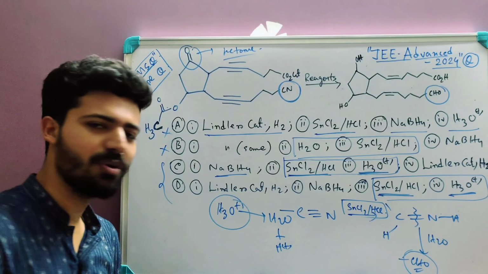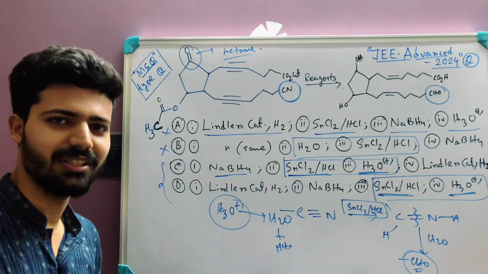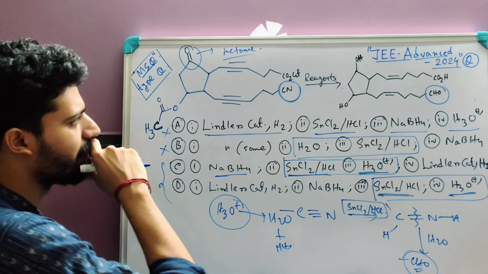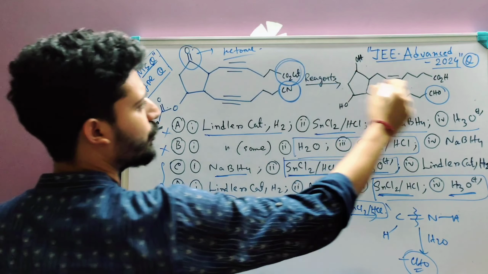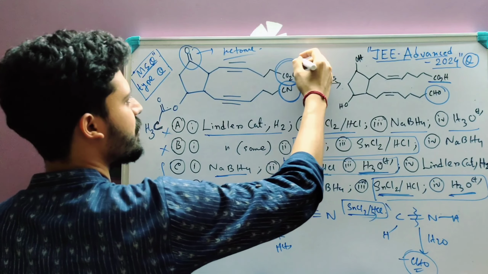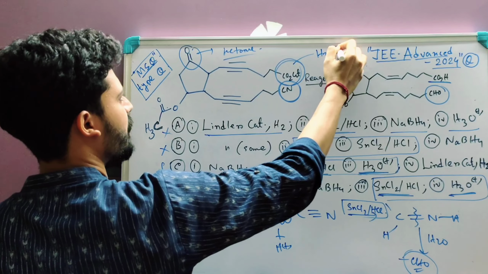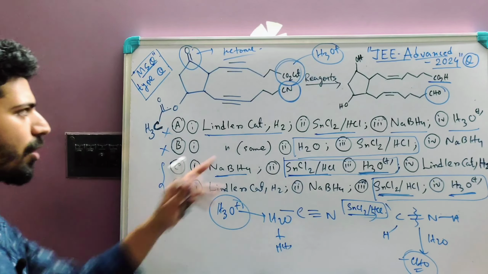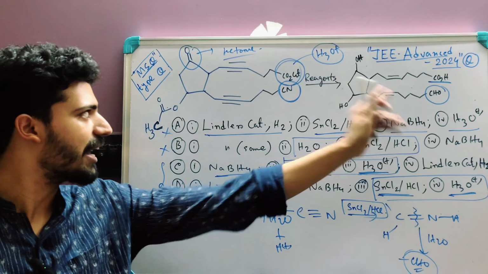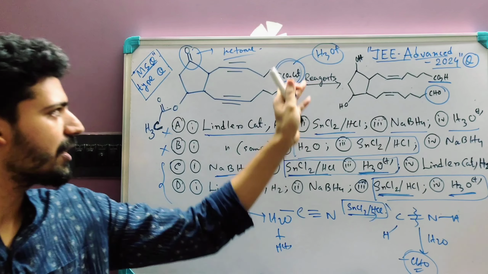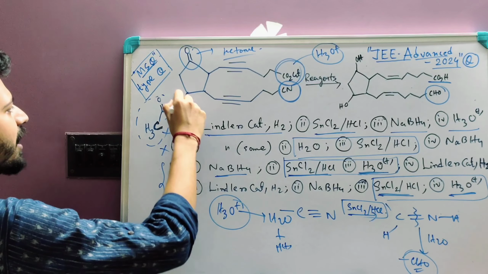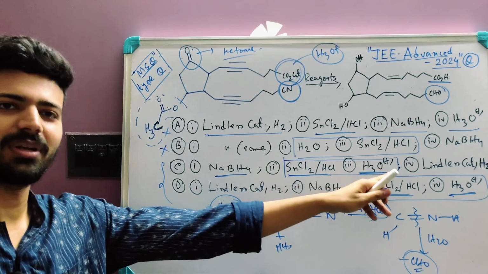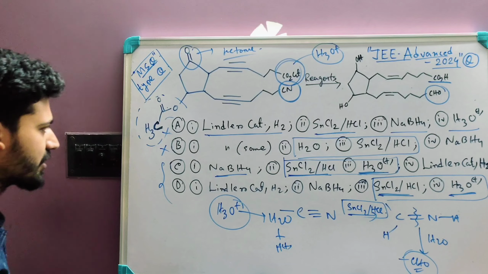H3O+ can also be used as a hydrolysis reagent. What is the hydrolysis here? This ester gets hydrolyzed to acid by H3O+. If you use this H3O+, it converts CN to CHO and also hydrolyzes the ester, and also this other ester can be hydrolyzed by H3O+. How do I hydrolyze this ester?